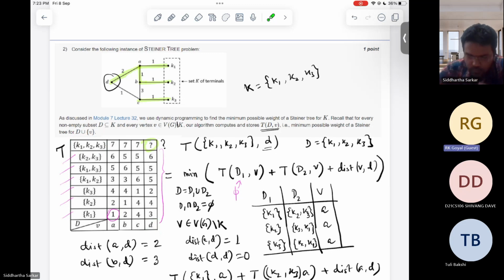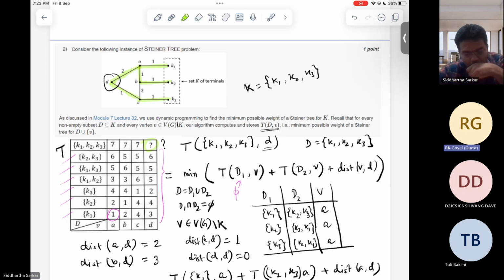Yes. To maintain the connectivity among K1, K2, and K3, the first half closed rectangle has to be definitely followed, which you have highlighted in green. So 1 plus 1 plus 1, 3, this much cost has definitely to be incurred.